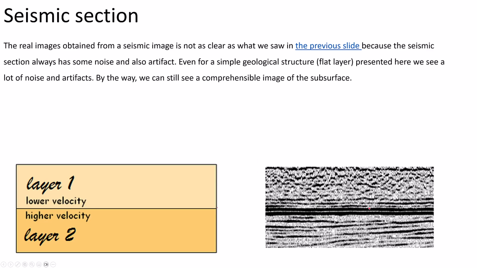At the boundary between two layers, we have a strong reflection. In addition, it is possible that we have some noise in our data, and also we may have some artifacts.